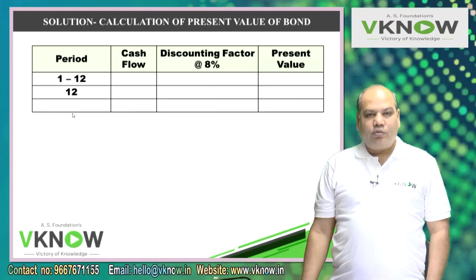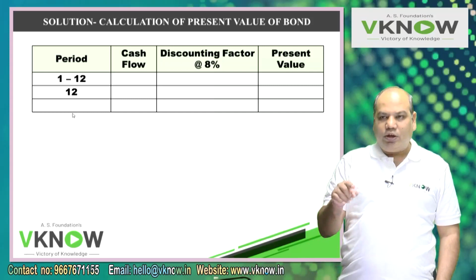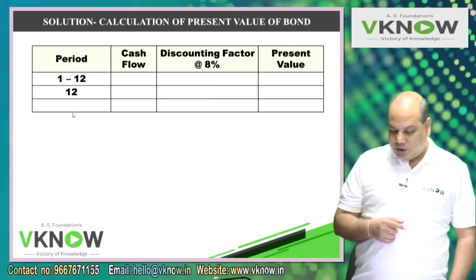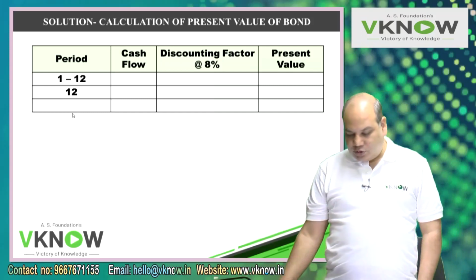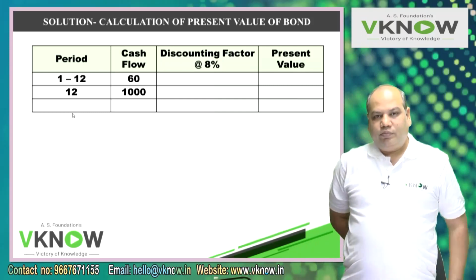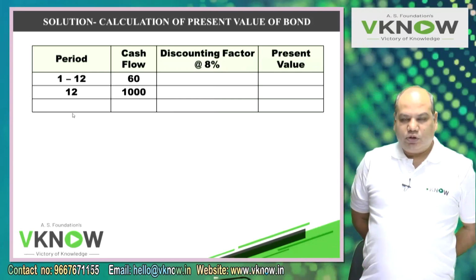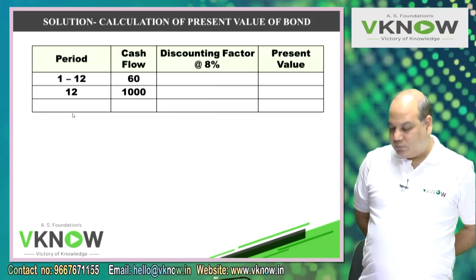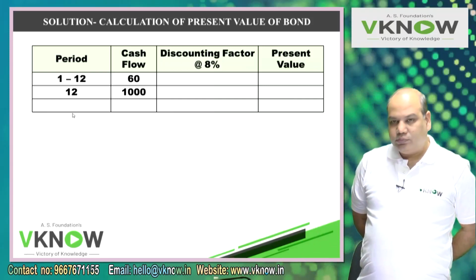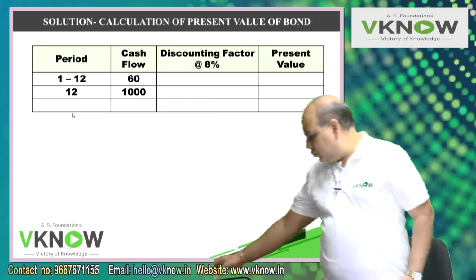For period 12, write redemption value. The cash flows are 60 and 1000. Solve yourself now.